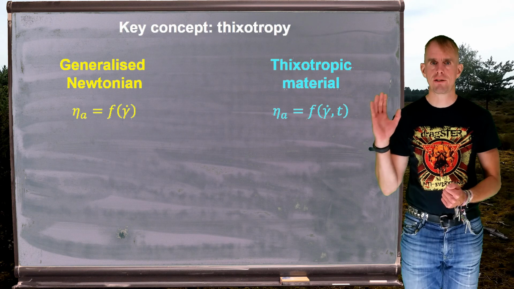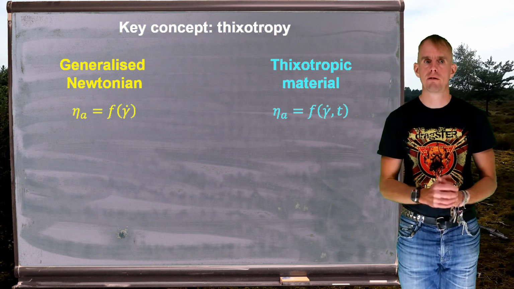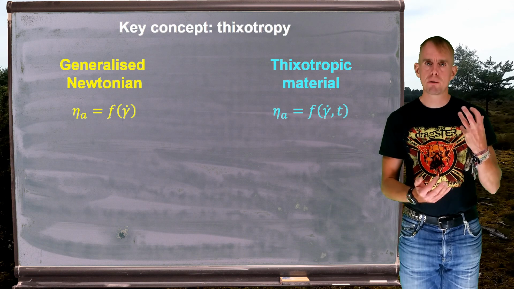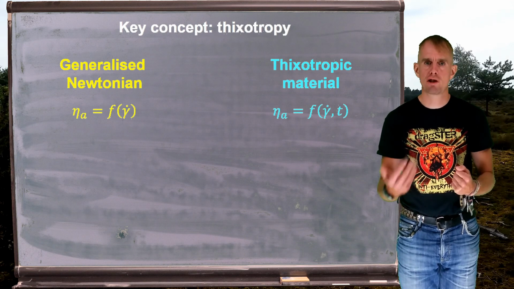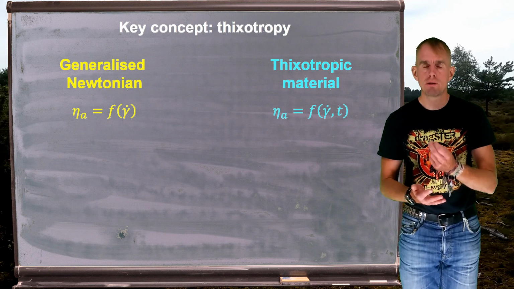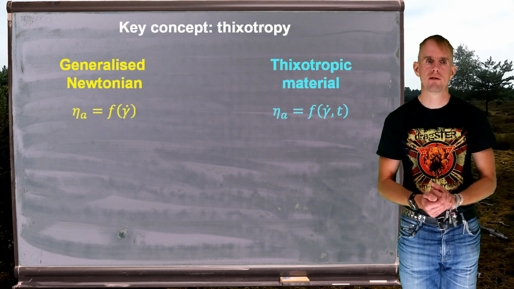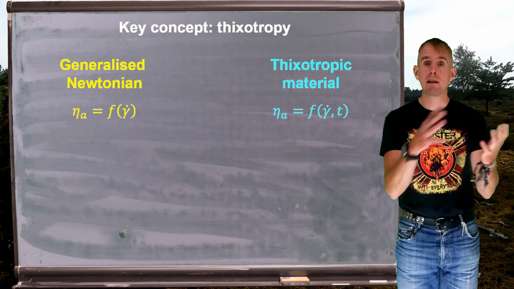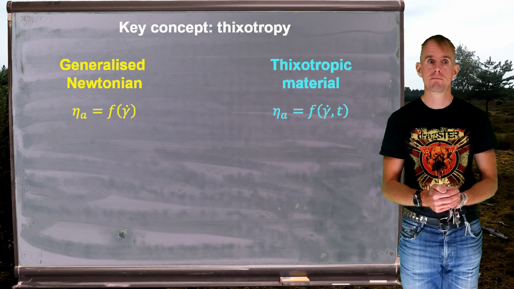Now let's contrast this with a thixotropic material. In a thixotropic material, if I look at the response between apparent viscosity and shear rate, what I see is that it takes time to respond to a shear rate change. For example, I might have what at first sight looks like a shear thinning material.